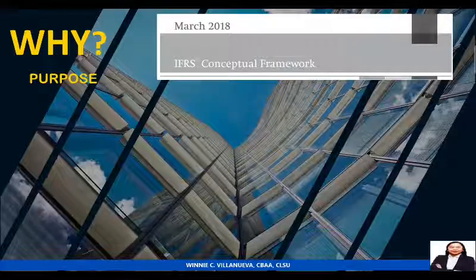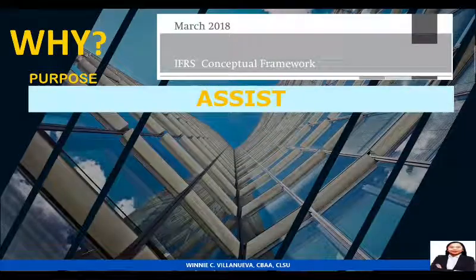Well, the purpose is, you just have to remember one word, and that is to assist. And who are we going to assist? If the main purpose is to assist, there are three entities that we would like to assist.